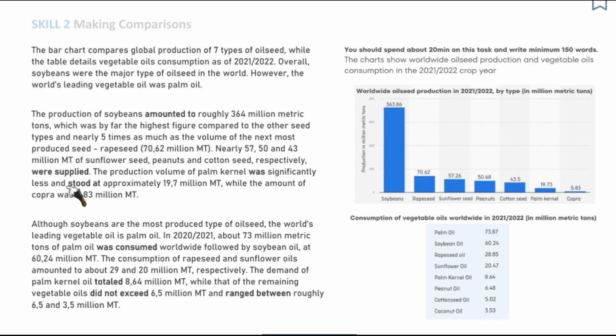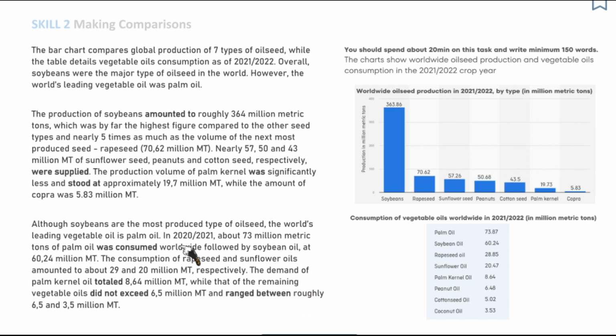You can use the verb stood at, the production volume stood at. Also, you can use the word was, the production volume was. You can go with the verb totaled, the demand of palm kernel oil totaled. To add more variety, you can use the phrase did not exceed. You can also use the verb range between.